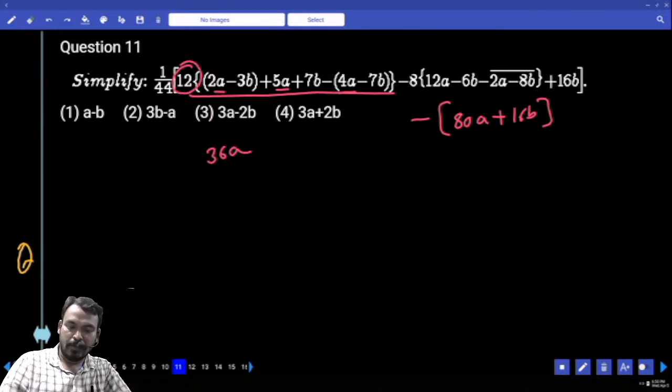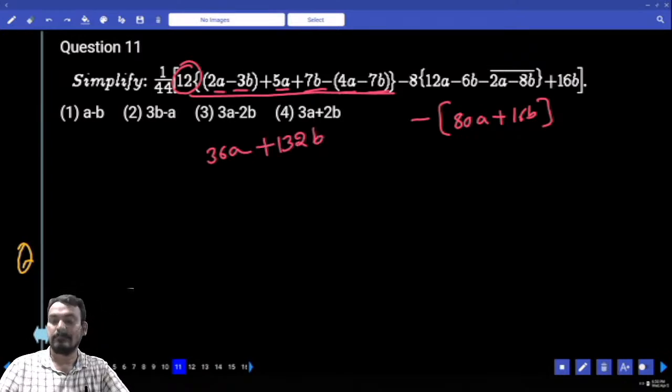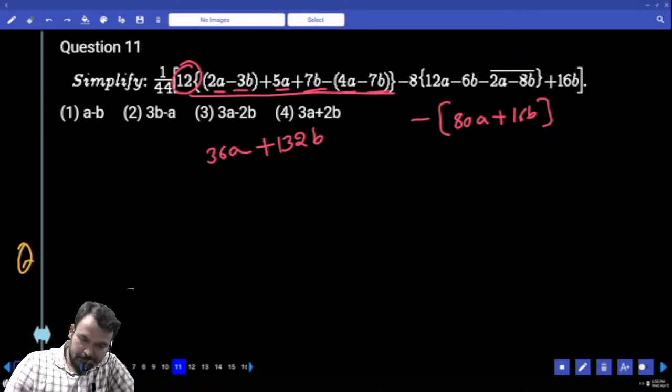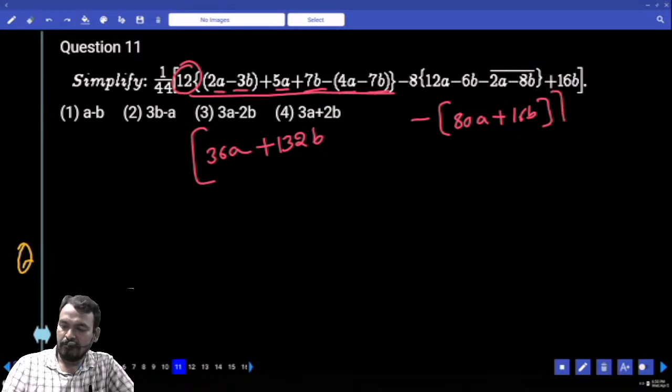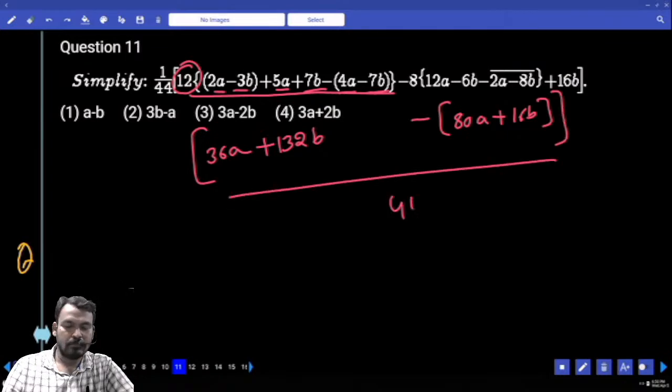Minus 3B plus 7B, 4B, 4B plus 7B, 11B, 11 into 12, 132B. Okay, and again the total value is divided by 44.